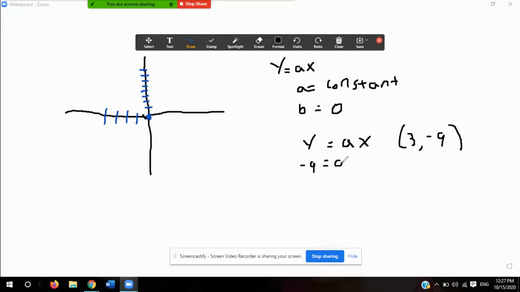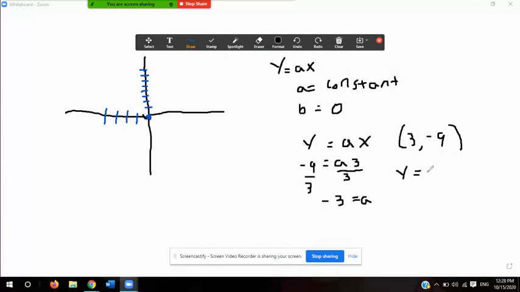A is what I'm looking for, and x is 3. So if I want to find the value of a, all I do is divide by 3 on both sides. And that would be negative 3 equals a. So that means that my equation is now going to be y equals negative 3x.